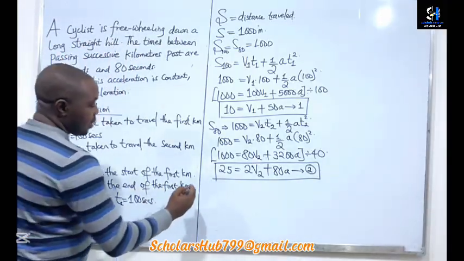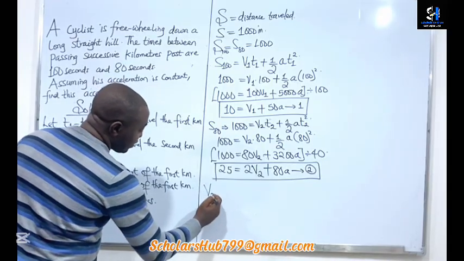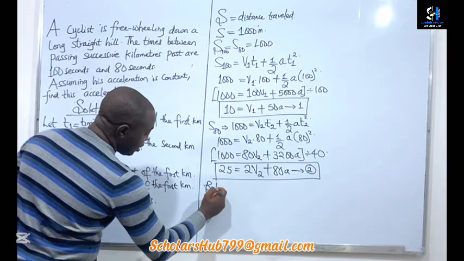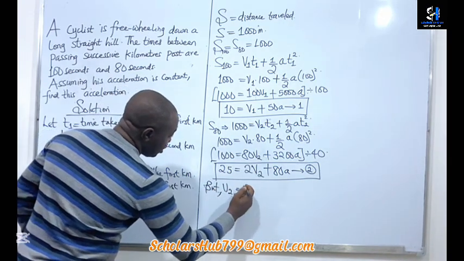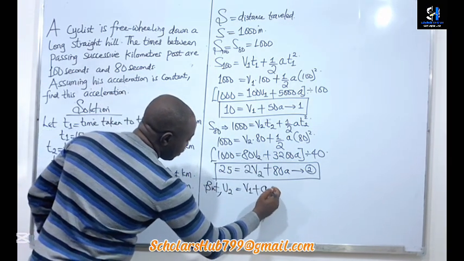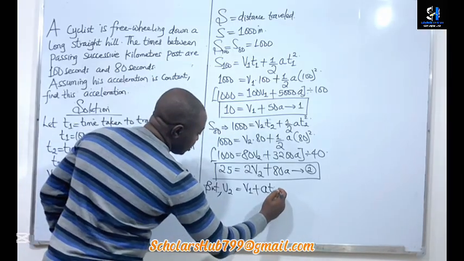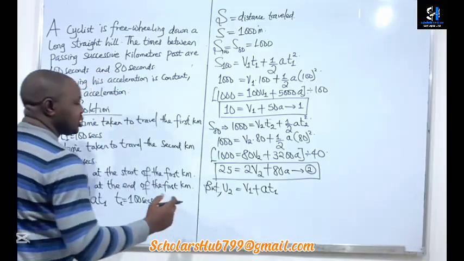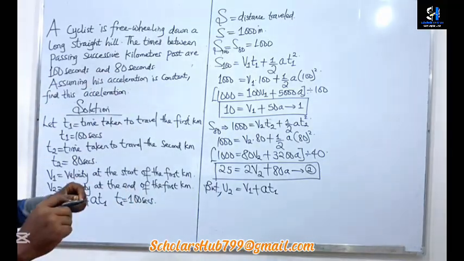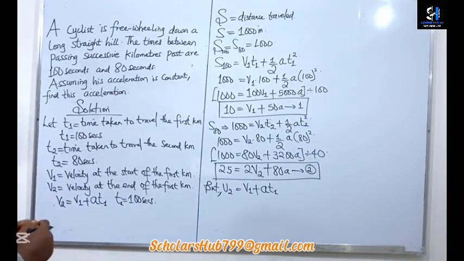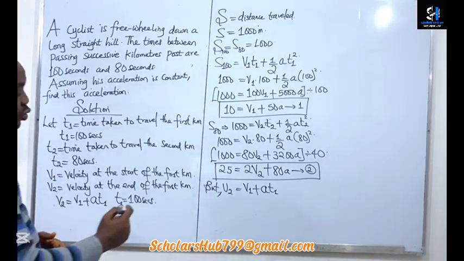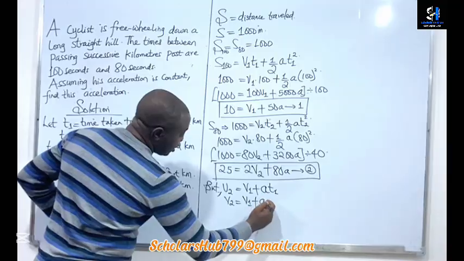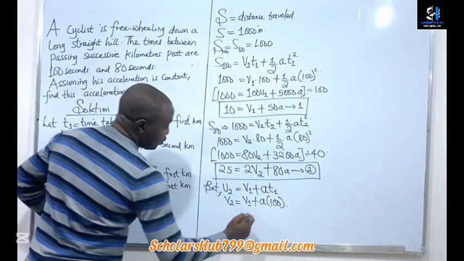So we now recognize that V2 equals V1 plus A times T1 in this case. Because I said the velocity at the end of the first kilometer, V2 will be equal to V1 plus A multiplied by 100.